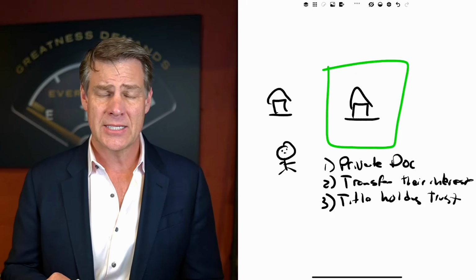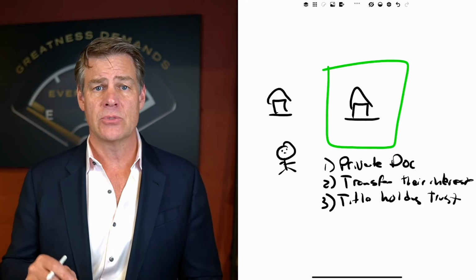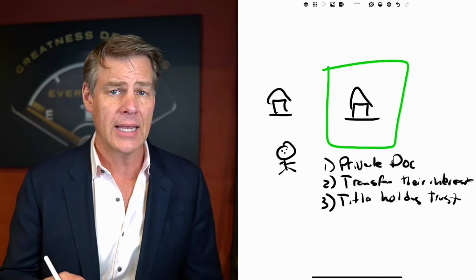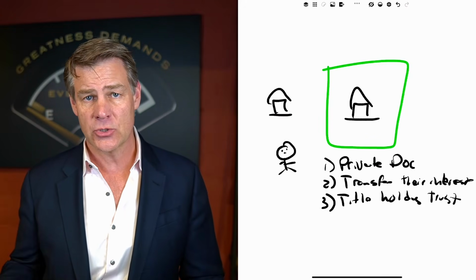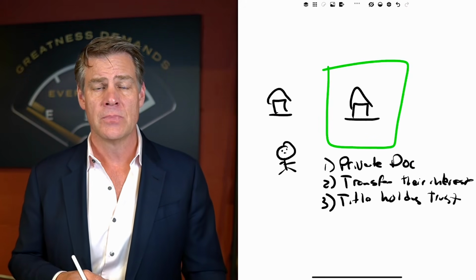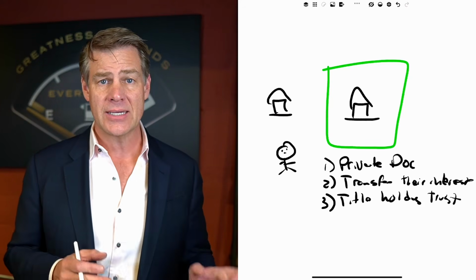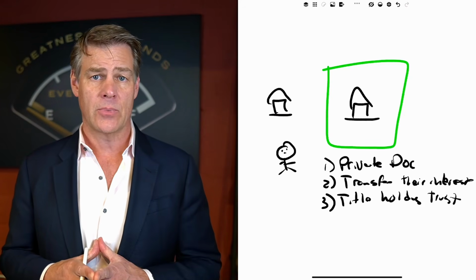With a land trust, we're not setting them up that way. We're setting the land trust up merely to hold title to your property. So you take it out of your name and you put it into the trust name, as I'll be sharing with you, so that you're no longer listed on title to that property. It is the trust that now holds title to the property.